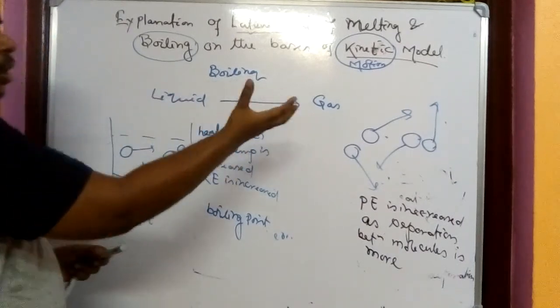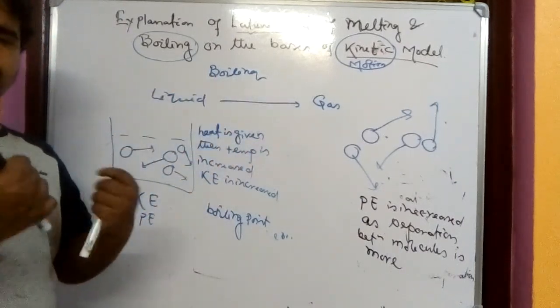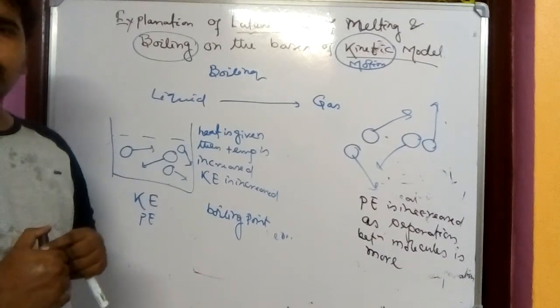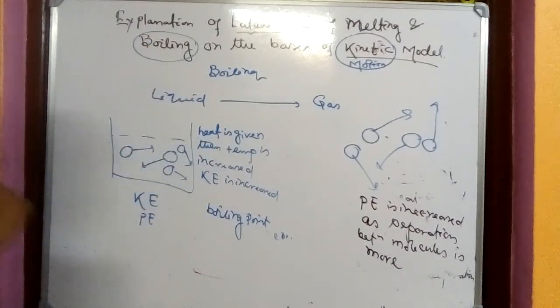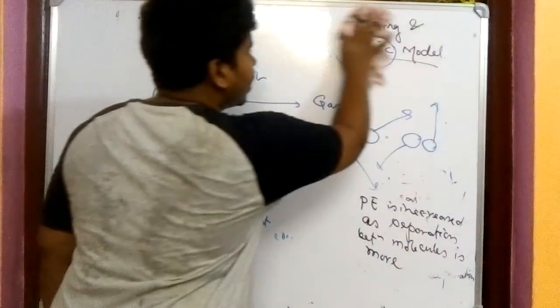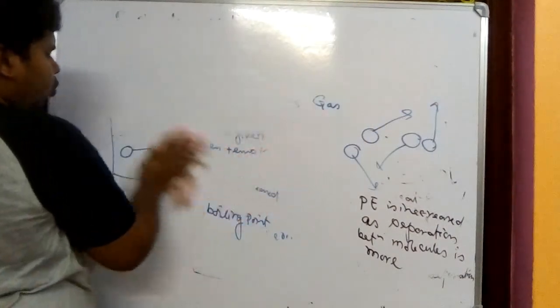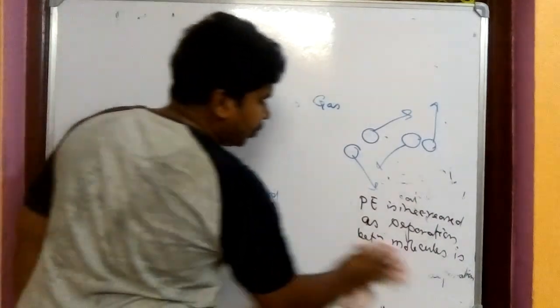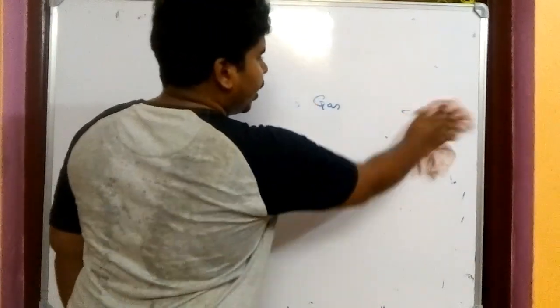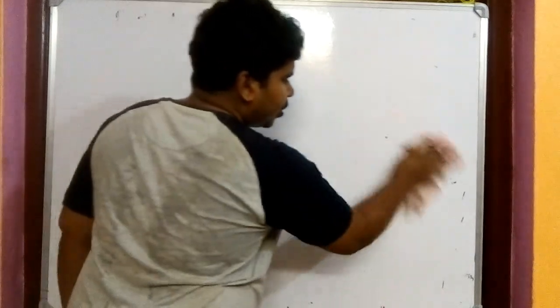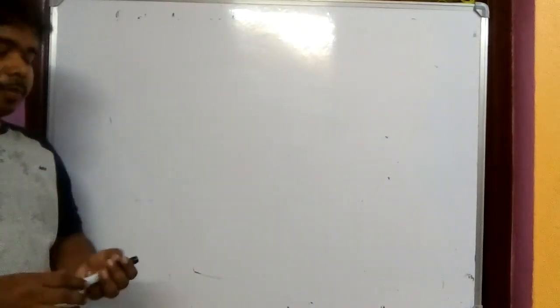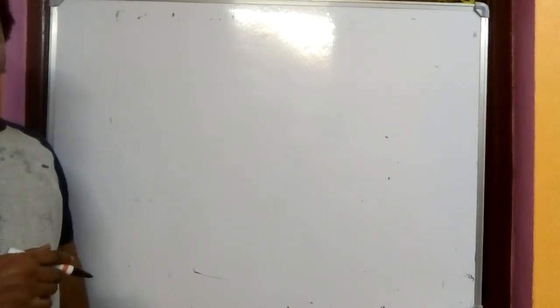And the opposite thing, if I'm talking about condensation, exactly the opposite thing occurs. Okay, I think it is clear. Now as this is clear, what are the important things you have to remember? I'm telling you one more thing: here we have to do some numericals. For numericals I'll make another video, but I will give you the help about what equation we have to use.